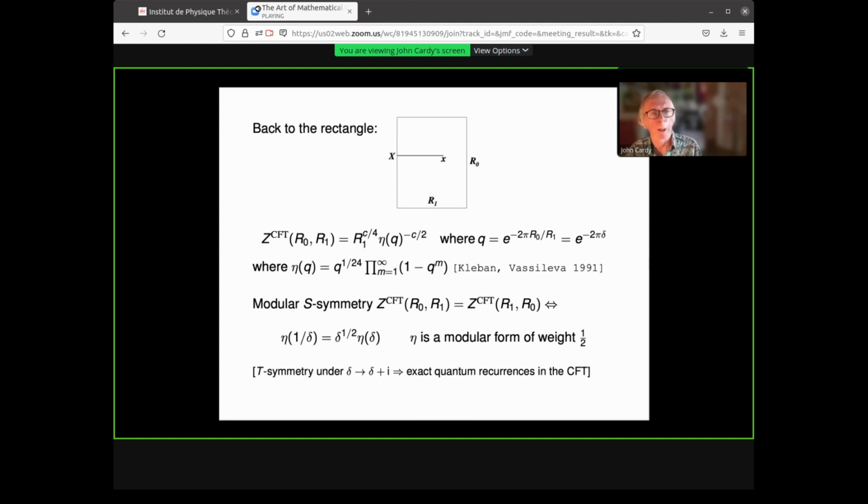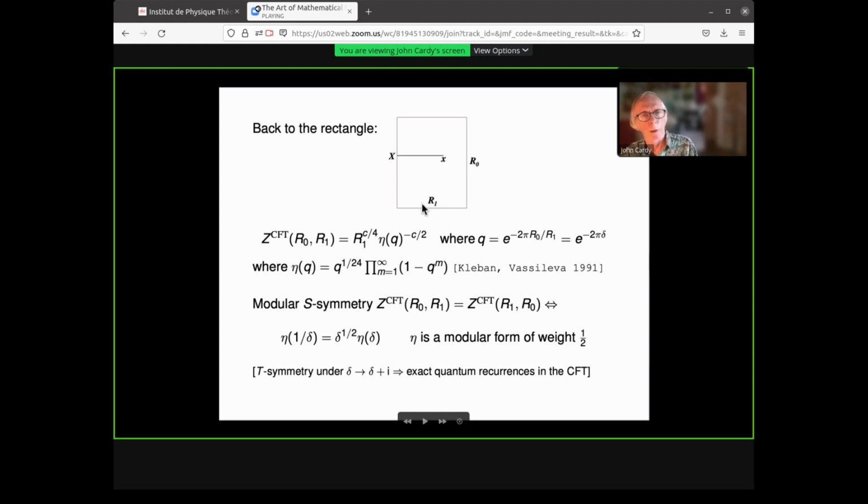So the nice thing about the rectangle is that we have an explicit formula for the conformal field theory partition function. It was worked out first by these people in 1991, and it's a power, which depends on the conformal charge, of the Jacobi eta function.